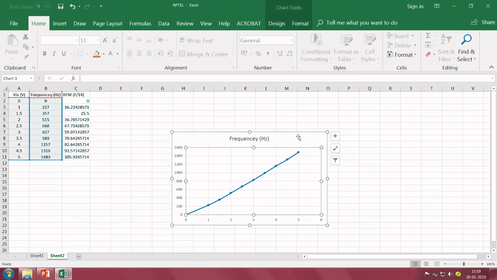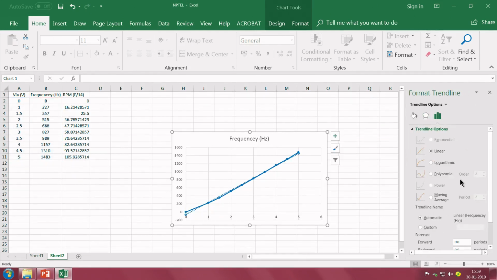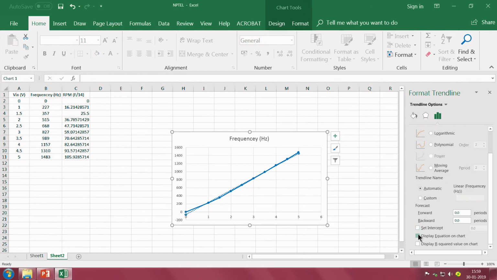Now I will also insert a trend line to understand whether it is straight or not. Okay, almost same. Let me see more options here. Then I will go with display equation on chart. For frequency it is showing somewhere around 303. So for every volt it is changing the frequency by approximately 300 hertz.